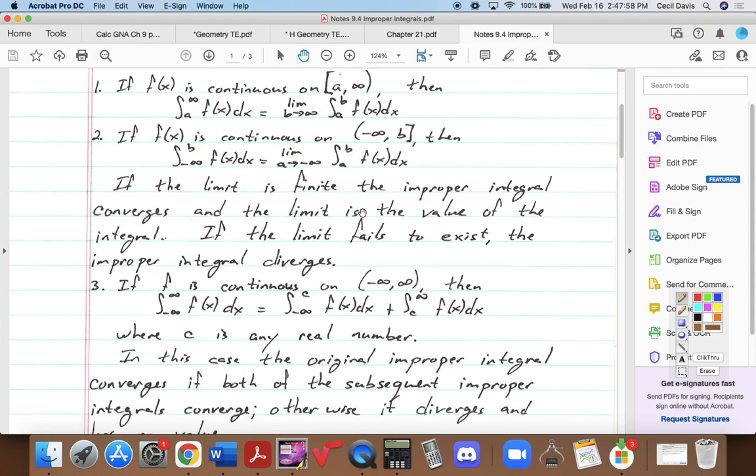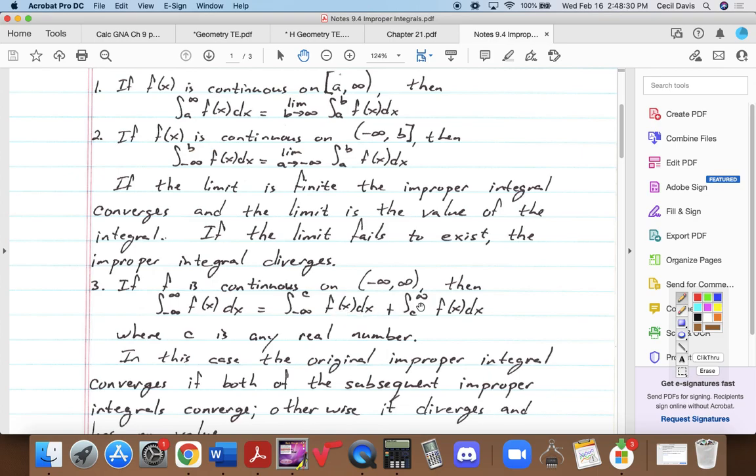If both the upper limit and the lower limit are infinite, what we'll have to do is split up the integral at some convenient point between negative infinity and infinity, frequently 0, because that's just convenient, and have two improper integrals. And in order for this to converge, both of these improper integrals have to converge.